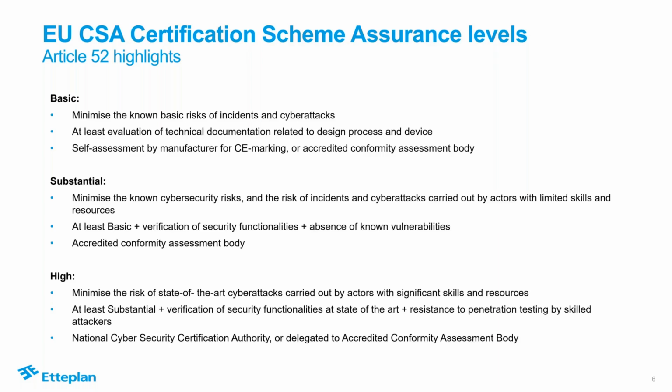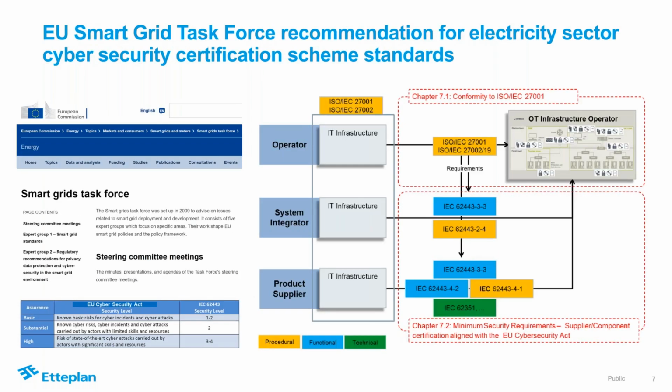Okay, this information was pretty much known already in 2018, and then concurrently while the Cybersecurity Act was processed in the EU, different industry organizations started to investigate how to implement this on a practical level. One very interesting piece of work that has been done is by the EU Smart Grid Task Force that investigated what kind of certification scheme would be suitable for the electricity sector.